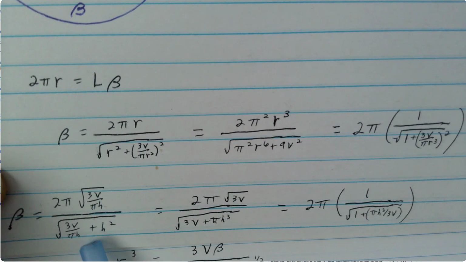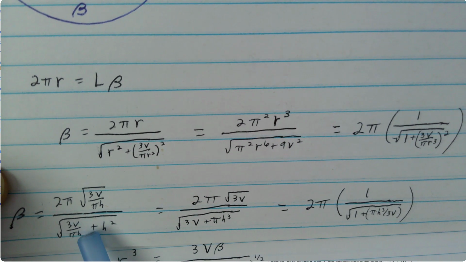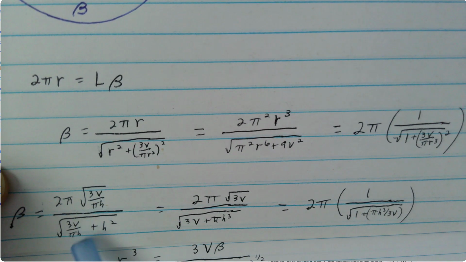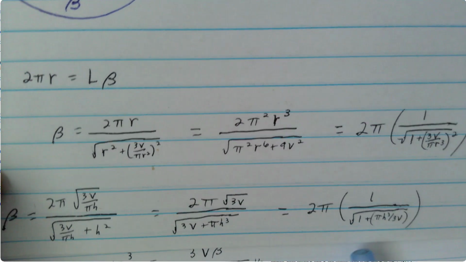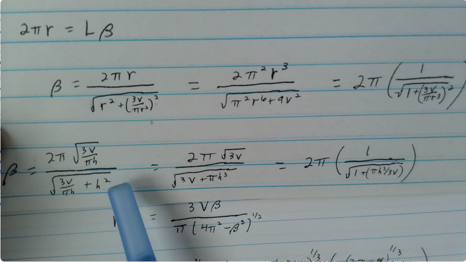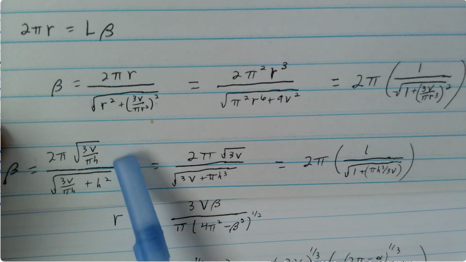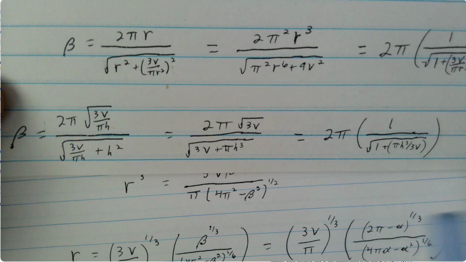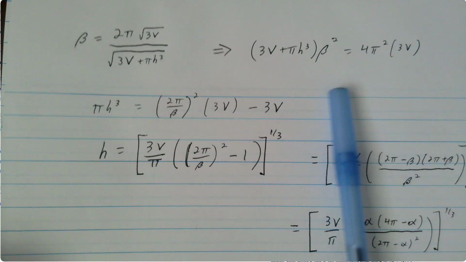Let's see. L is the square root of r squared plus h squared, but r squared is 3V over pi h, and r is the square root of that. So put it on top and bottom, and then simplify. Maybe multiply top and bottom by the square root of pi h. So there's beta in terms of h, which means I can get h in terms of beta.